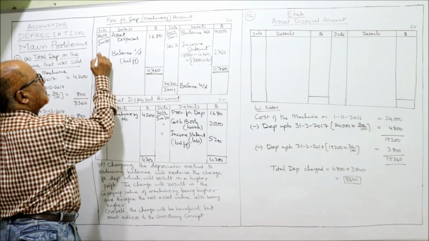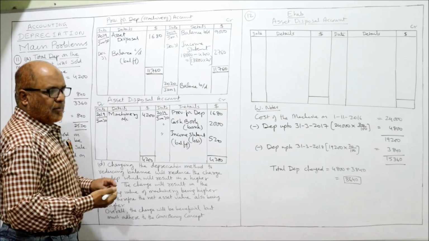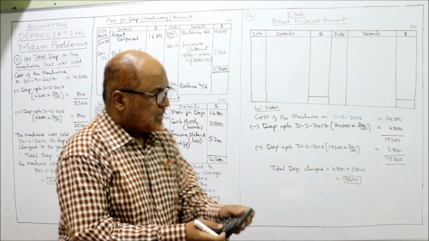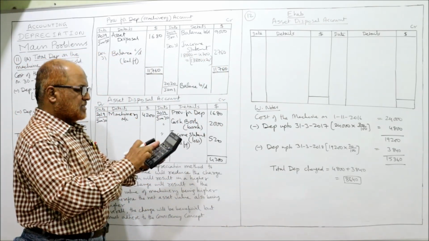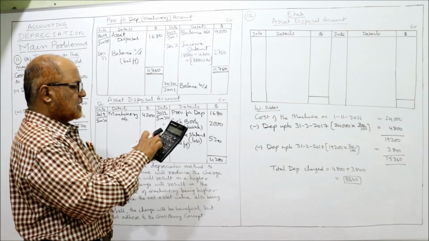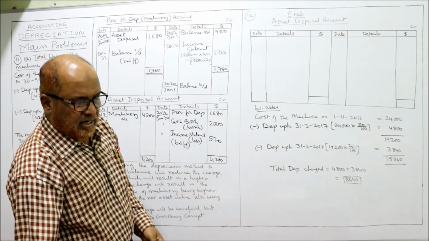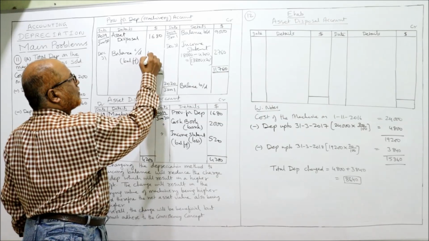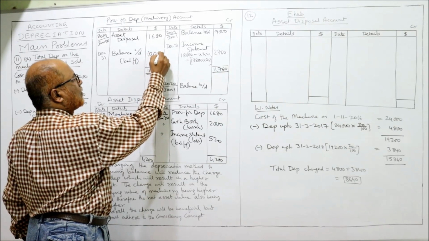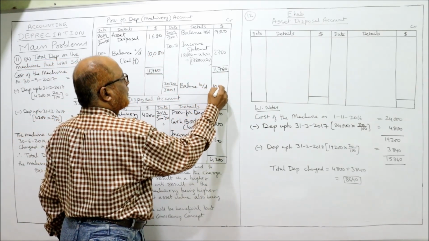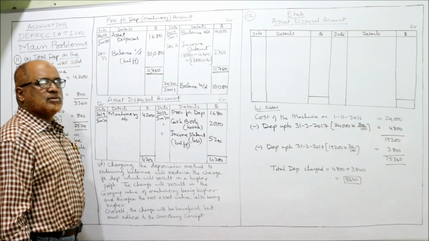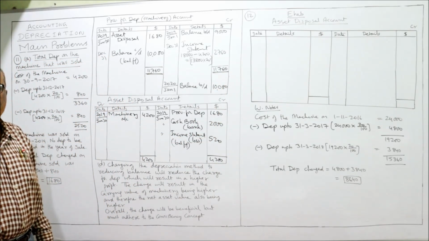Here same, December 31st. Now how much is the balance we have to see? 11,760 minus 1,680. 10,080. That's it.